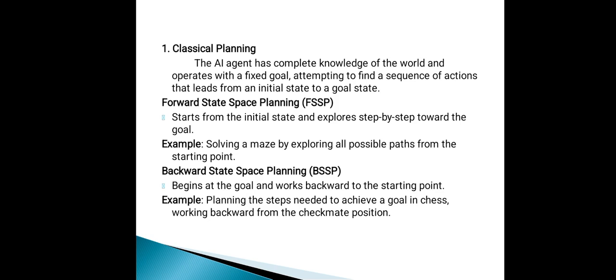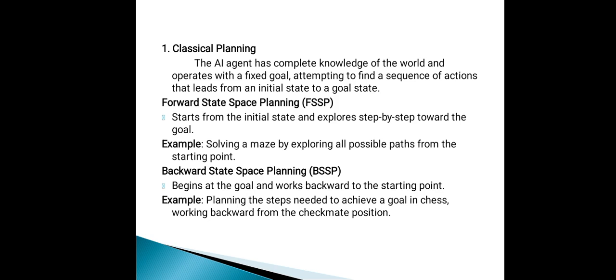Classical planning is divided into two approaches: forward state space planning and backward state space planning. In forward state space planning, we start from the initial state and move step by step toward the goal. For example, when solving a maze, we begin from the entrance and explore different paths until we reach the exit.